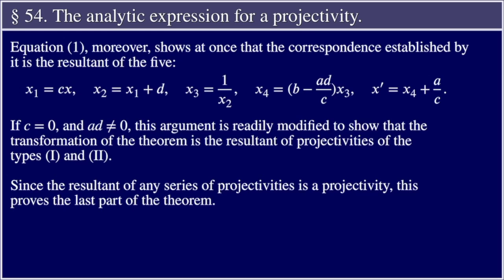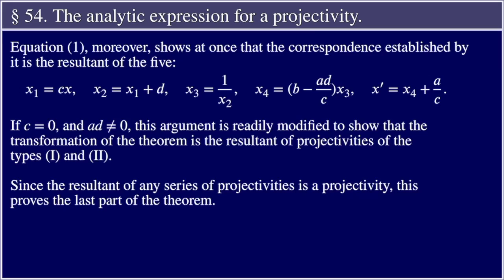Equation 1, moreover, shows at once that the correspondence established by it is the resultant of the 5: x1 is equal to c times x, x2 is equal to x1 plus d, x3 is equal to 1 divided by x2, x4 is equal to (b minus ad) divided by c times x3, x prime is equal to x4 plus a divided by c.